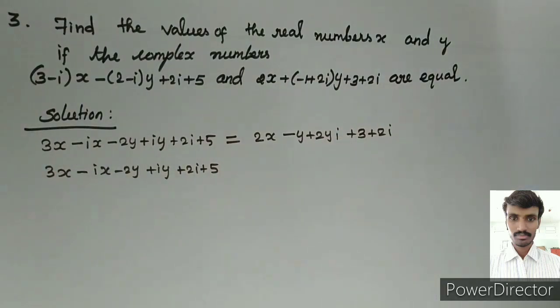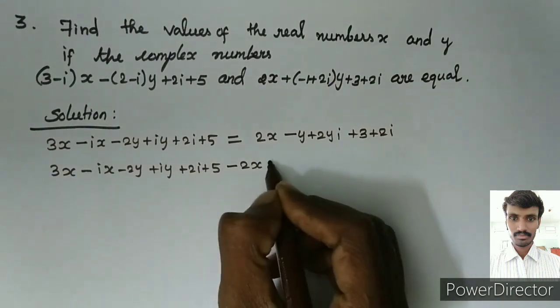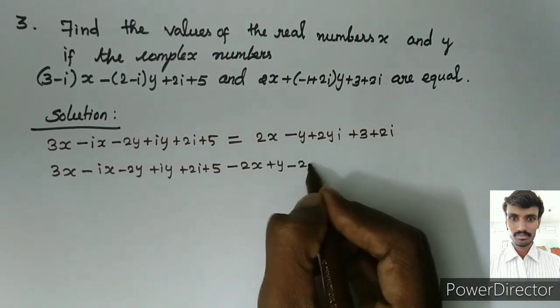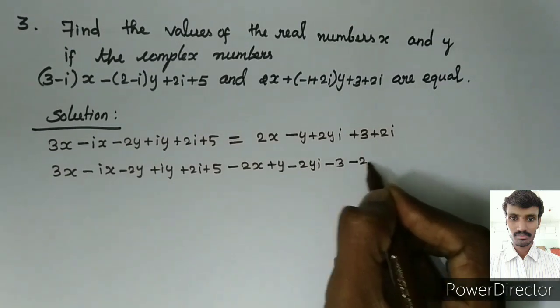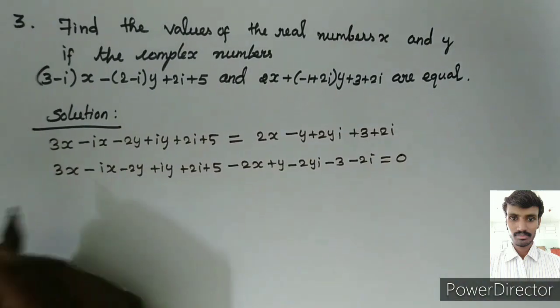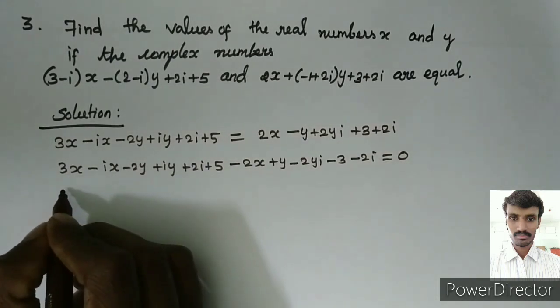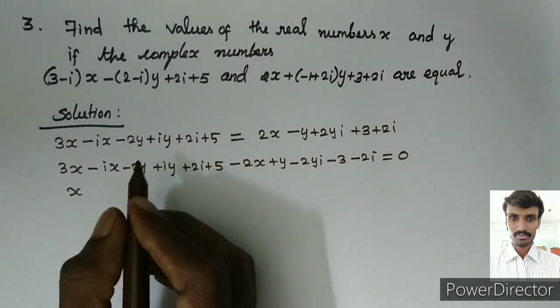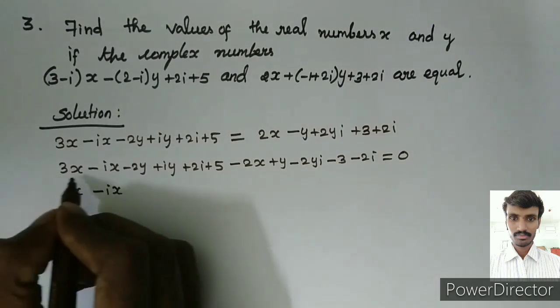Then consider all the right side numbers moved to the left side. Therefore we change the signs: −2x + y − 2yi − 3 − 2i equal to 0. Now we take the real part, the imaginary part, and the constants. Constants are also real. So 3x minus 2x is x.